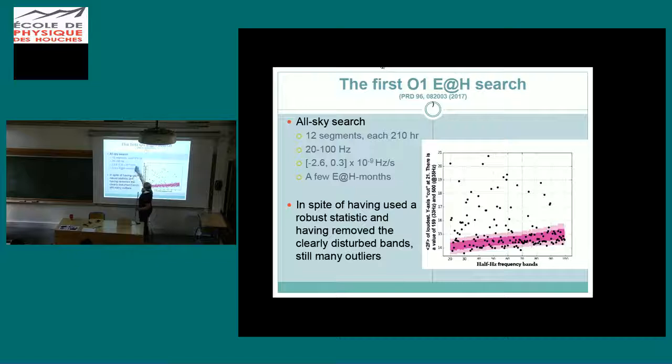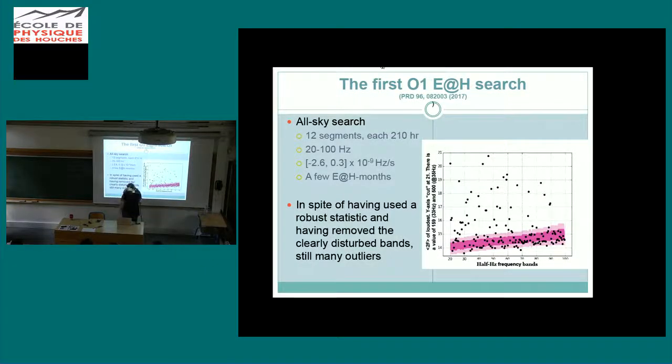We concentrated on really long coherent timelines. 210 hours is really long. It's nearly 10 days, a huge coherent segment length. And we could do this because we were looking at low frequency, where the sky resolution is relatively low, so the computational cost of looking at the sky was not too high.